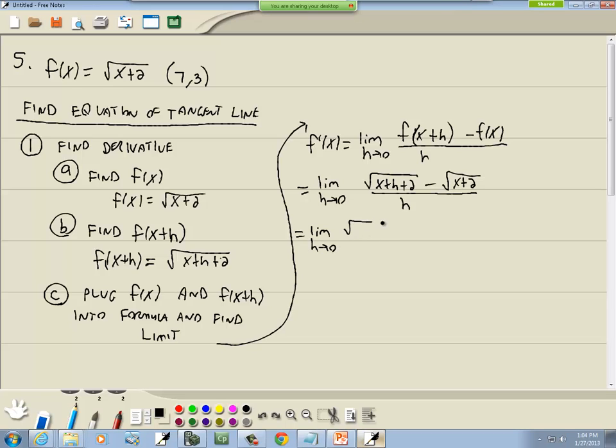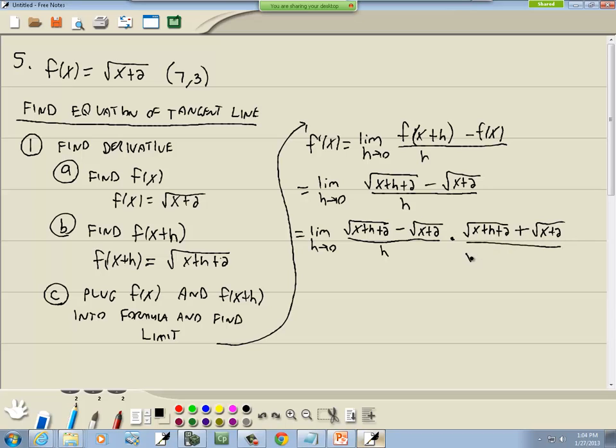So this will become the square root of x plus h plus 2 minus the square root of x plus 2 all over h, times, and again the conjugate, the first part and the last part are the same, but the sign in the middle changes. It was negative, so this becomes positive.